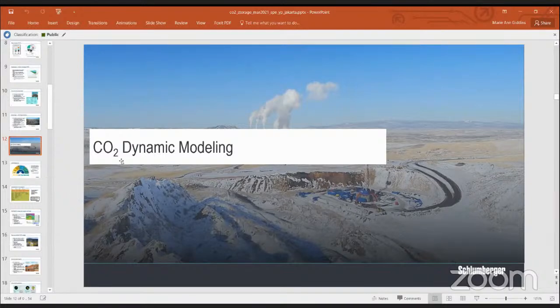Okay, so now I'll talk about the dynamic modelling requirements for CO2 studies.